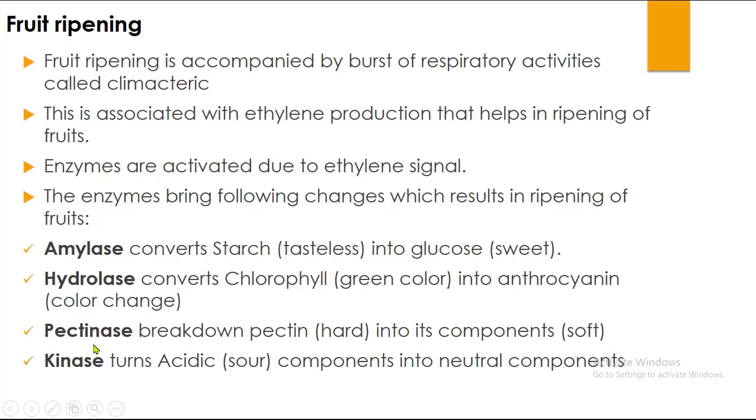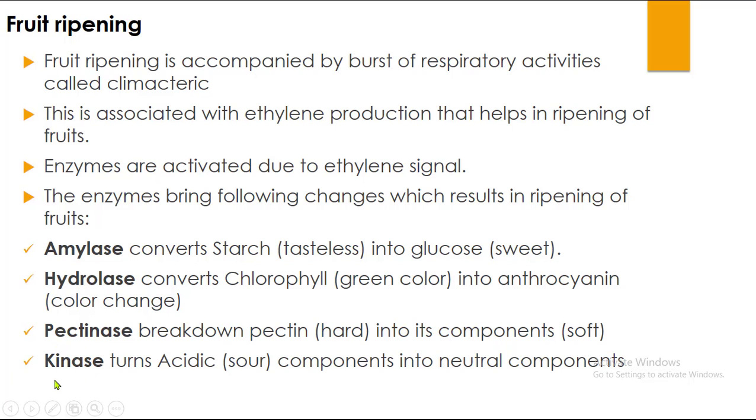The next is pectinase. You should know what pectin is. Pectin is a major component of the plant cell wall. The pectinase enzyme breaks down pectin, which is a hard substance, into its components which are soft. So unripened fruit is usually hard in texture, and ripened fruit is comparatively soft.